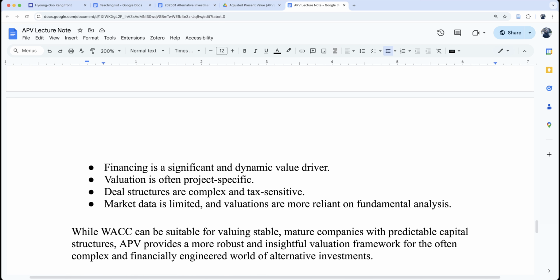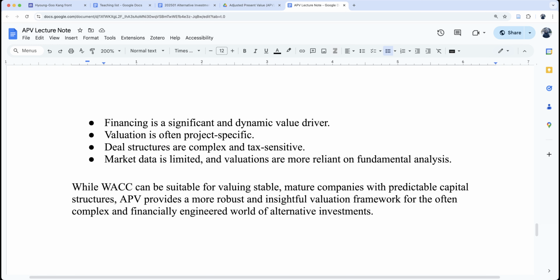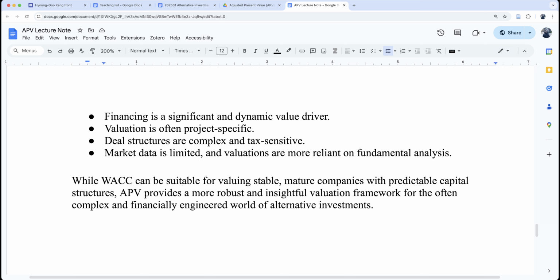It means financial strategy is very important in alternative investment, especially private equity. Valuation is often project specific, deal structures are complex and tax sensitive, market data is limited, and valuations rely more on fundamental analysis.